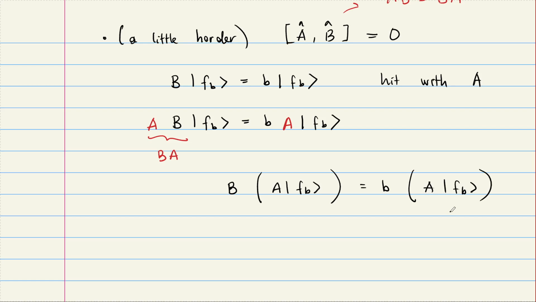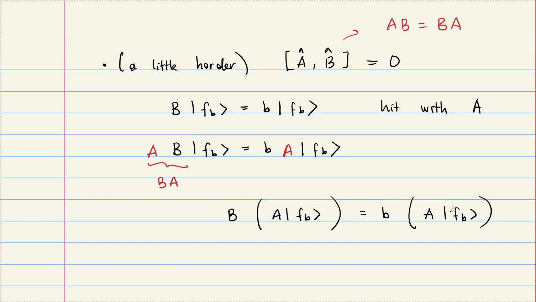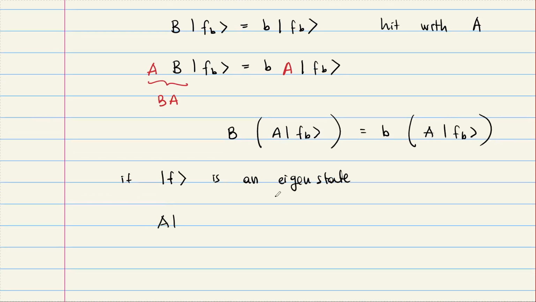Okay, we can pause here. This is important. If anybody feels lost, ask me. Everything you need to know is here. Good. But this equation is telling us that if f is an eigenstate of B, then A times f is also an eigenstate.